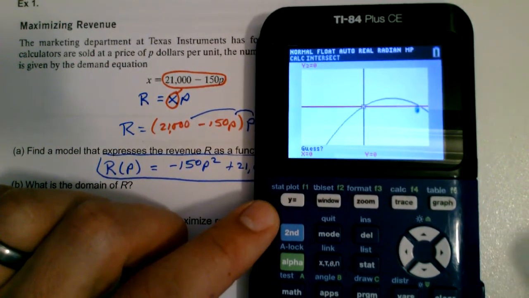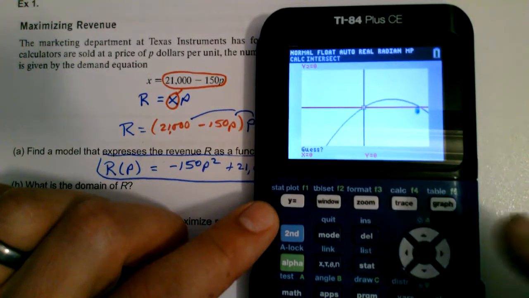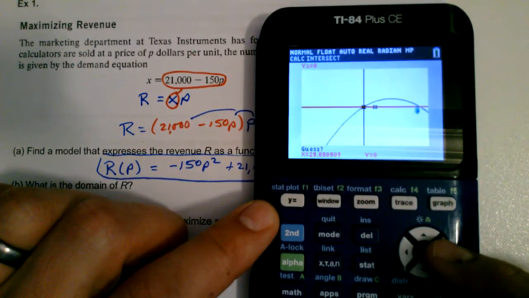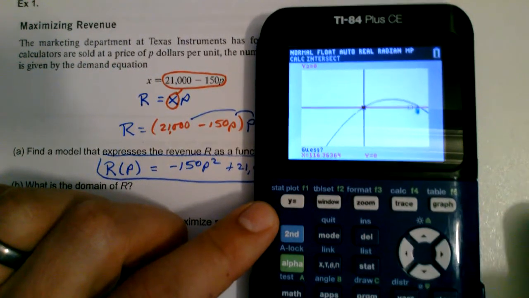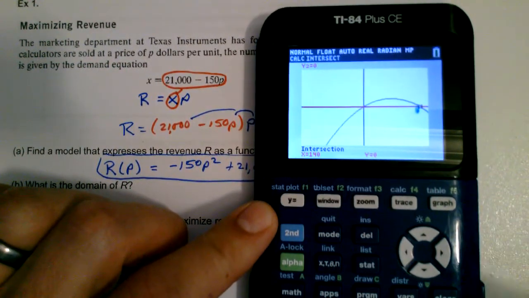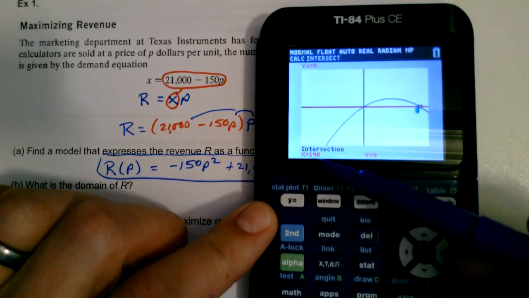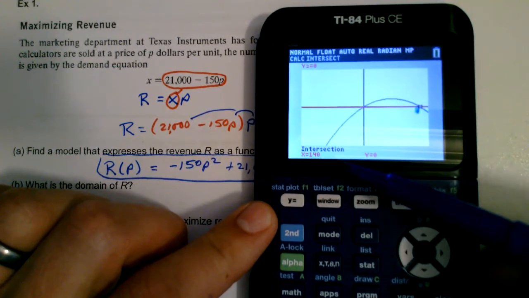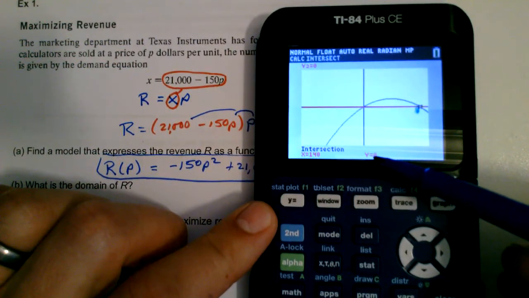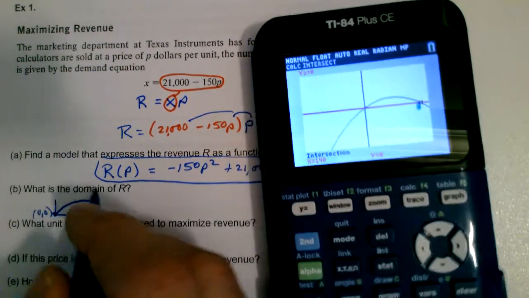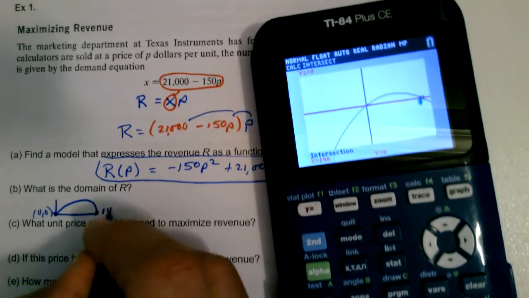Now if I press guess here, it's going to find 0, 0. I already know that's 0, 0, so I don't need that. I'm going to move over here and press enter. And now I have that intersection. I have 140 for X, which is really our P, our price. And our revenue would be 0. Okay, so this guy's 140.